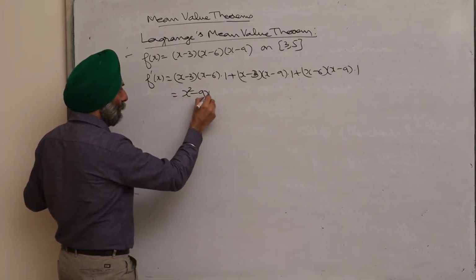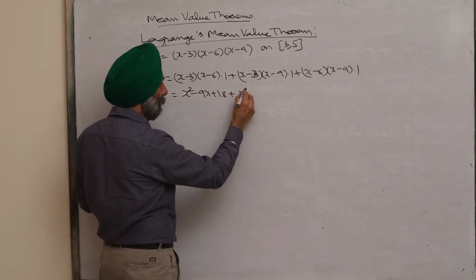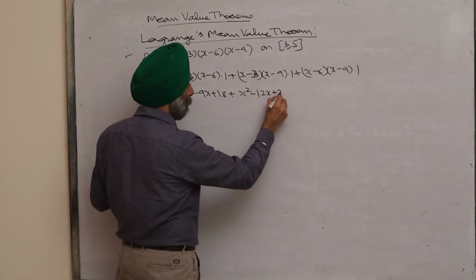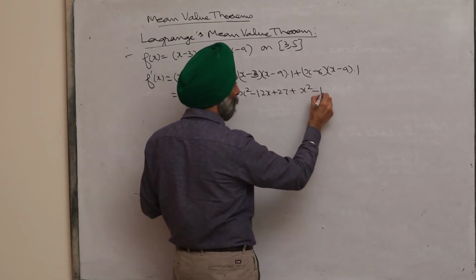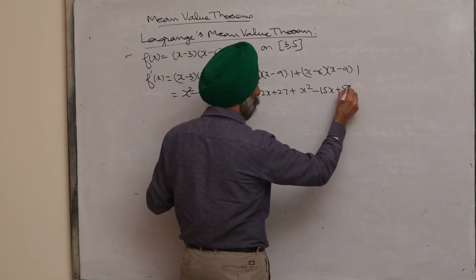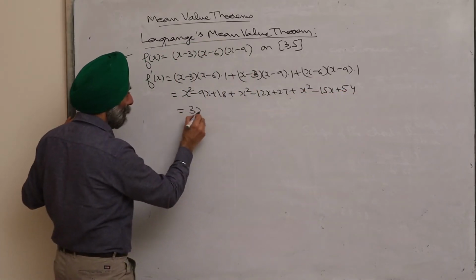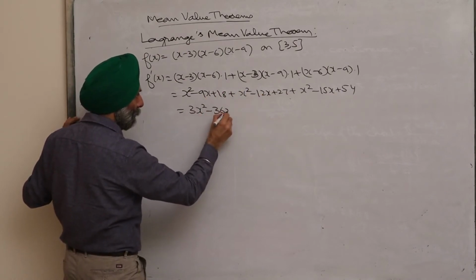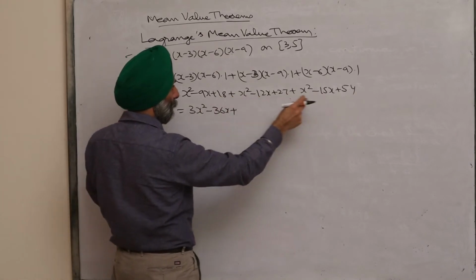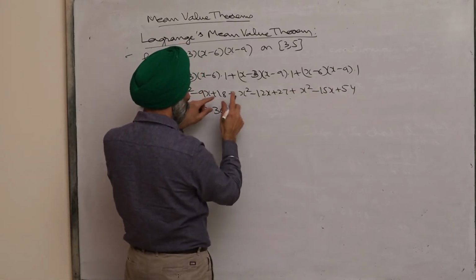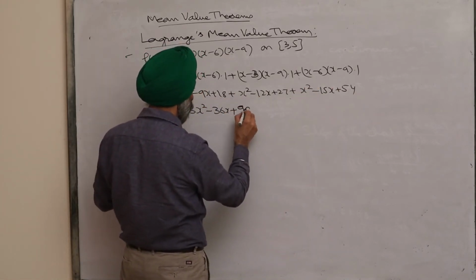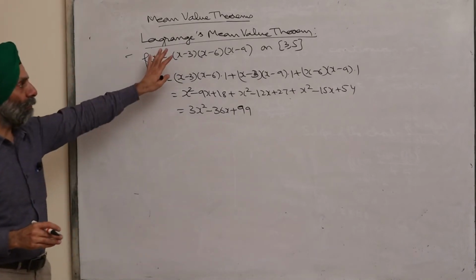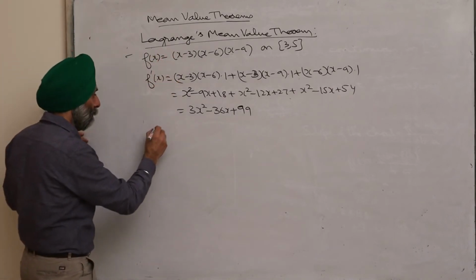So it is x square minus 9x plus 18 plus x square minus 12x plus 27 plus x square minus 15x plus 54. So this is 3x square minus 36x plus, 54 plus 18 is 72, 72 plus 27 is 99. So this is the derivative of this polynomial function.